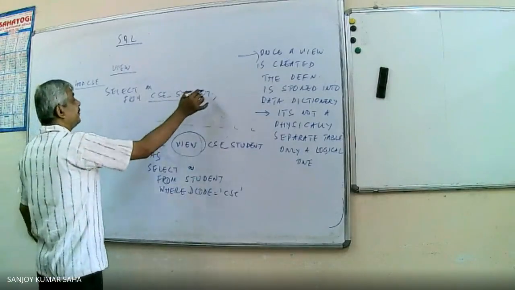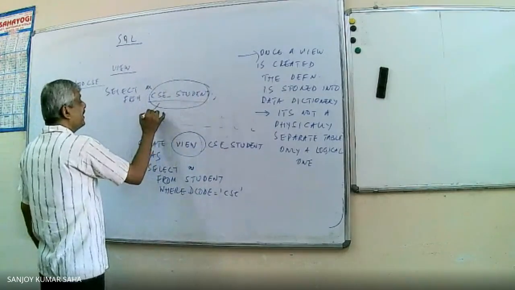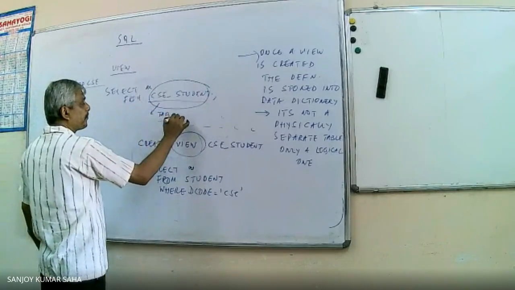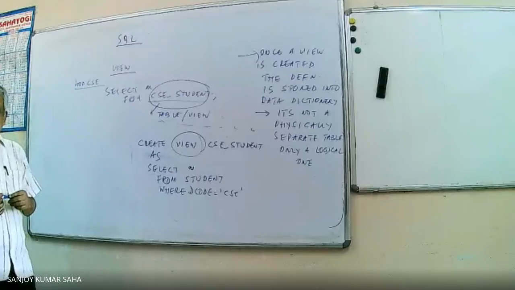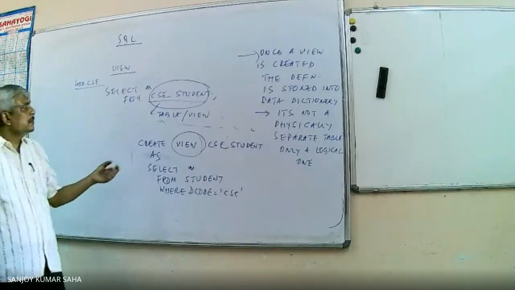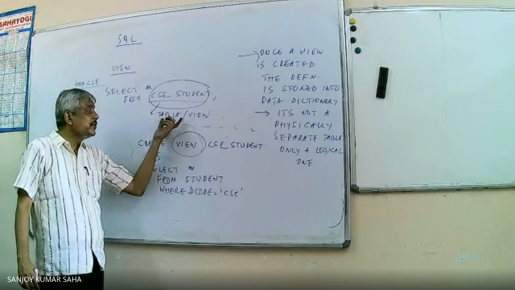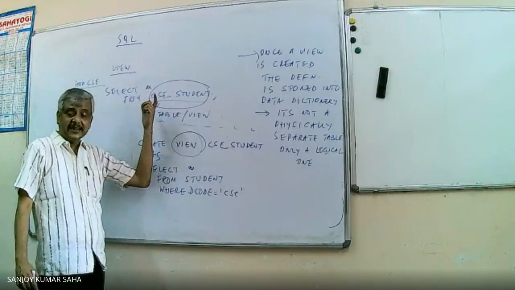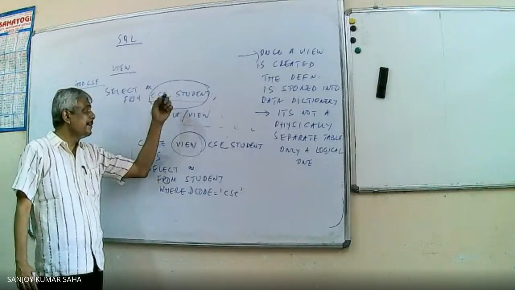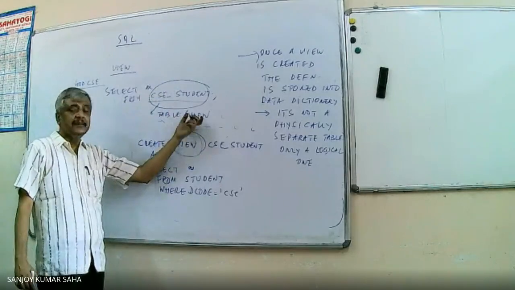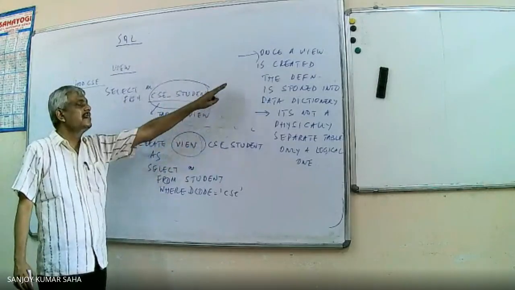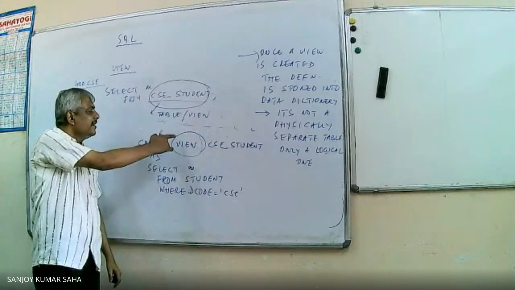So whenever we are writing from, it may be a table name or it may be a view name. So the database manager will consult the data dictionary to see is it a table or view. If it is a table, fine. If it is a view, then in the data dictionary the definition is stored.